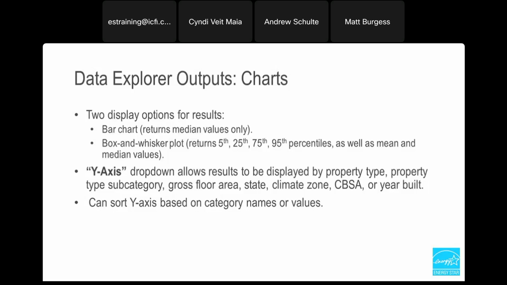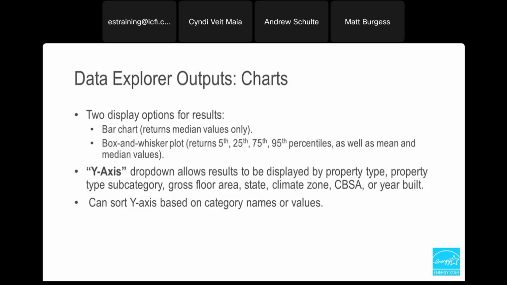For charts, there are actually two display options. So you can choose to return the results of your query as a bar chart. And in that case, the bar chart will only return median values. You can also opt to return box and whisker plots, which will provide in a graphical fashion, the 5th, 25th, 75th, and 95th percentiles, as well as mean and median values.